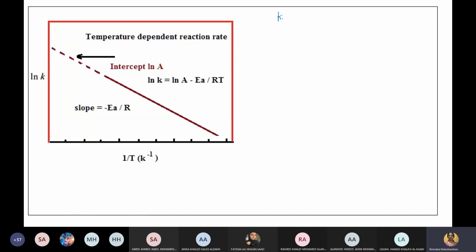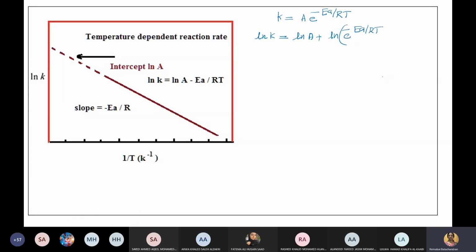Okay, so K is equal to A e raised to minus EA over RT. To remove this e, the exponential, you can take ln. So what do you get? Ln of K is equal to ln A plus ln of exponential minus EA over RT.